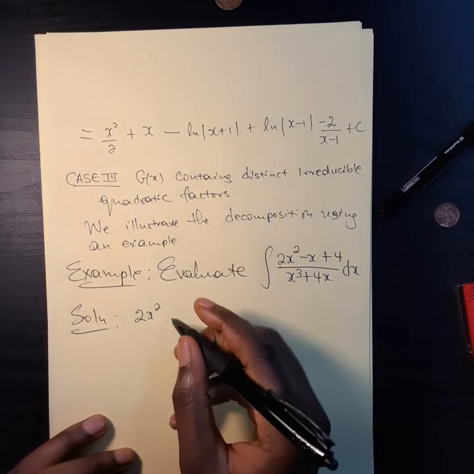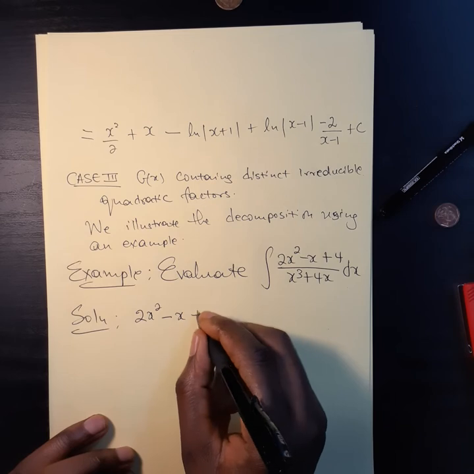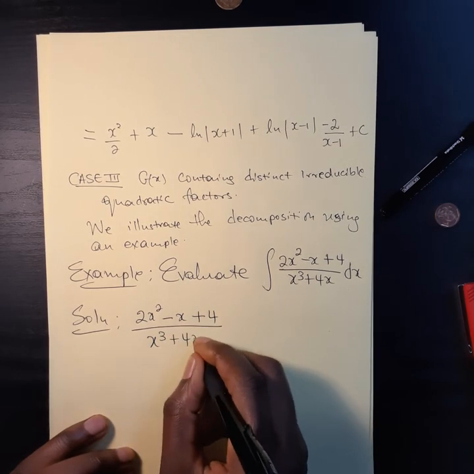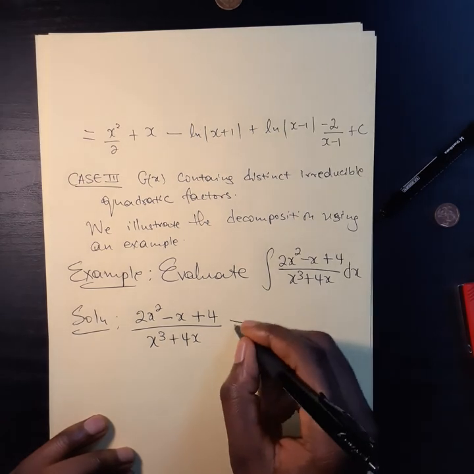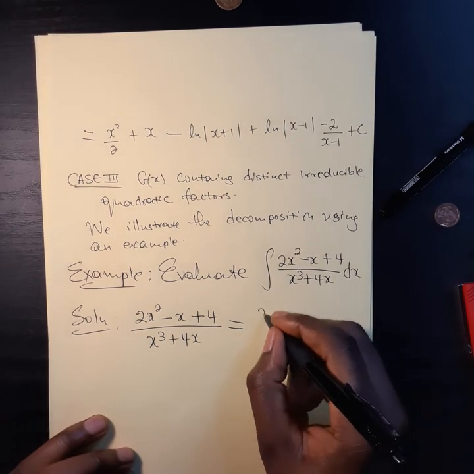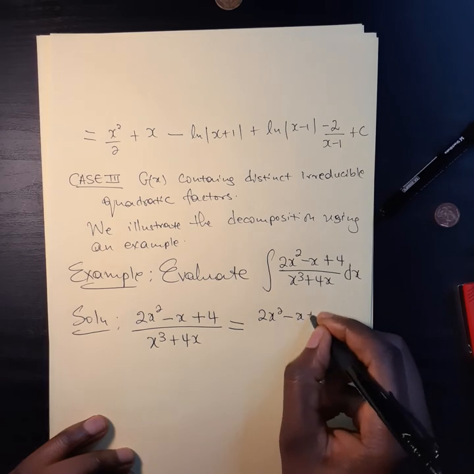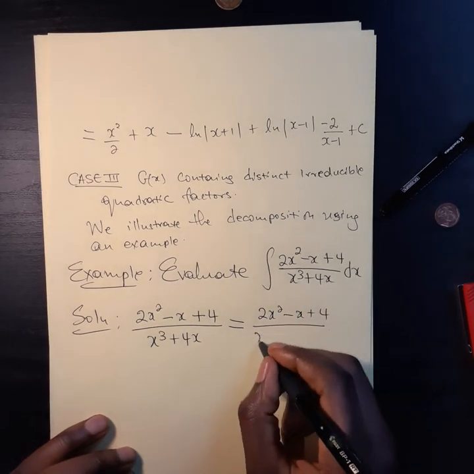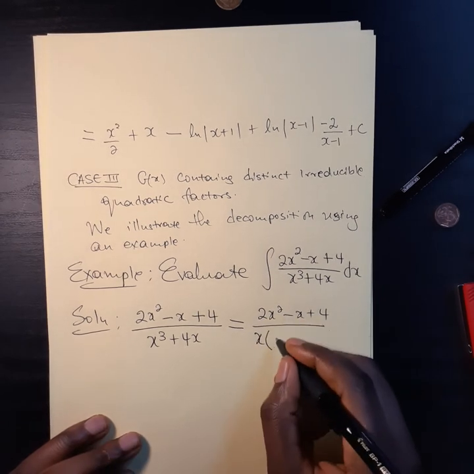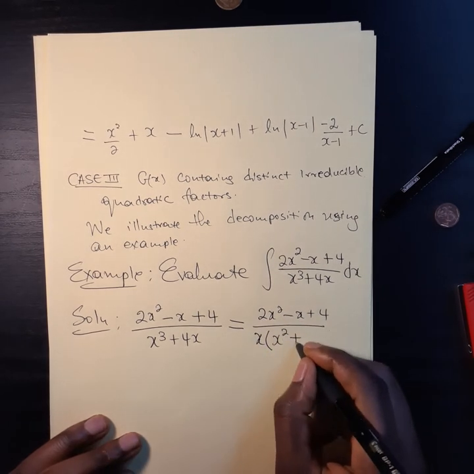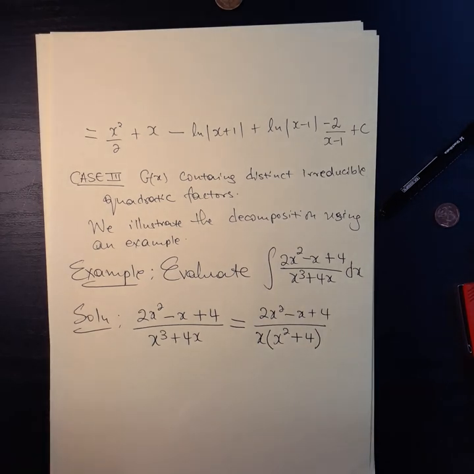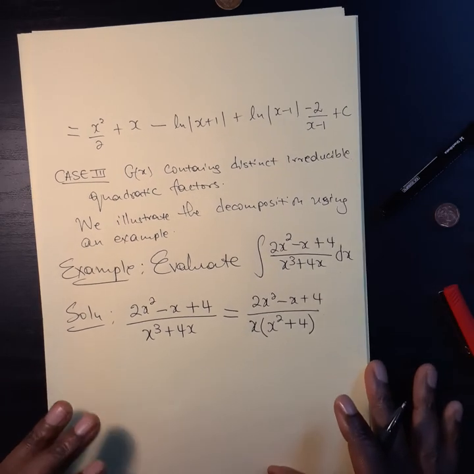So 2x squared minus x plus 4 divided by x cubed plus 4x can be written as 2x squared minus x plus 4 over, we factorize our denominator. We realize that if we take x, which is common, out, we are left with x squared plus 4. And we cannot factorize this any further using real numbers.